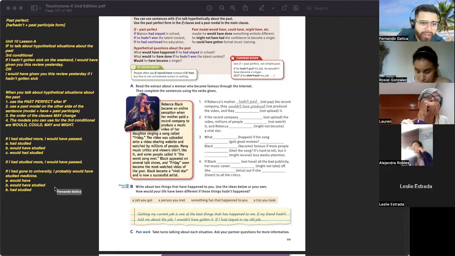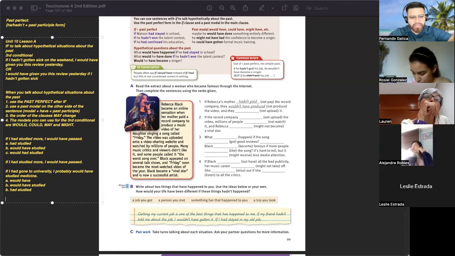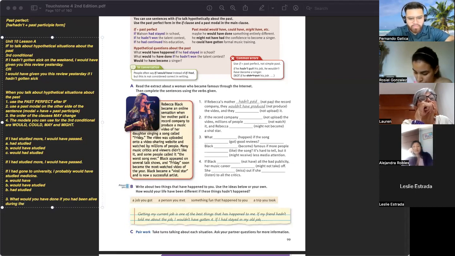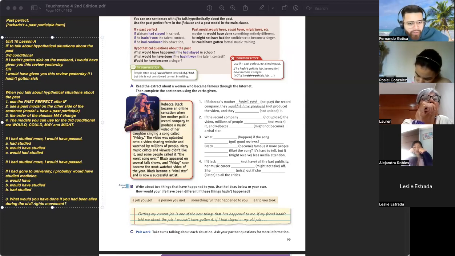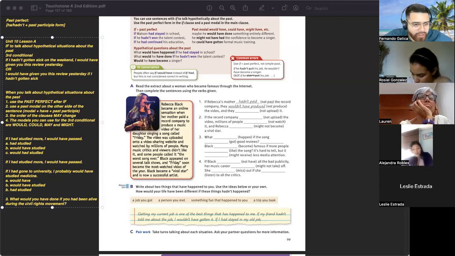All right. Another question that's going to be on the test. Number 3. What would you have done if you had been alive during the civil rights movement?